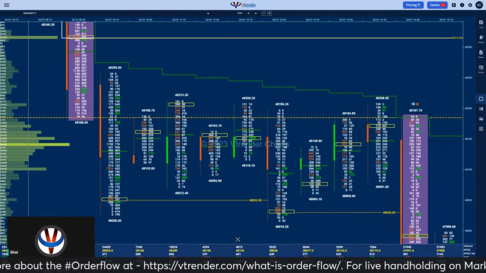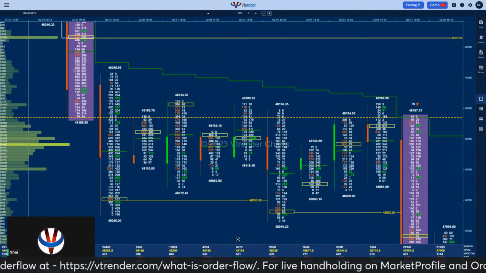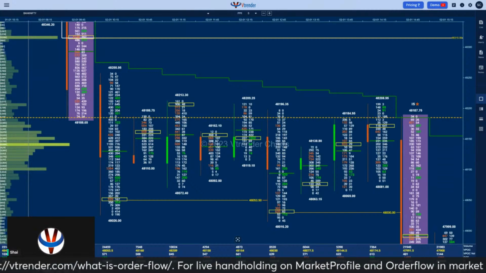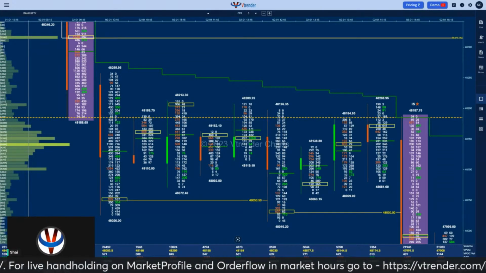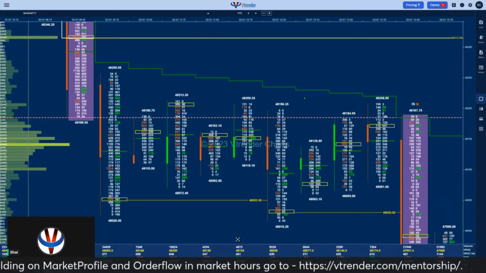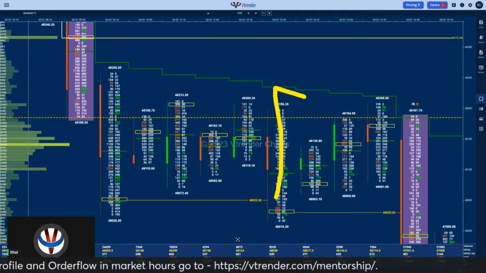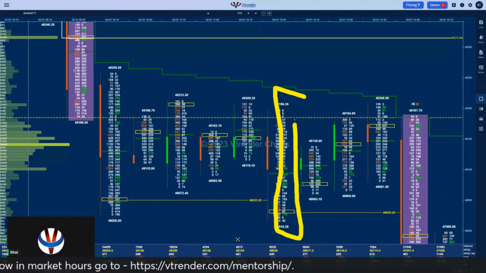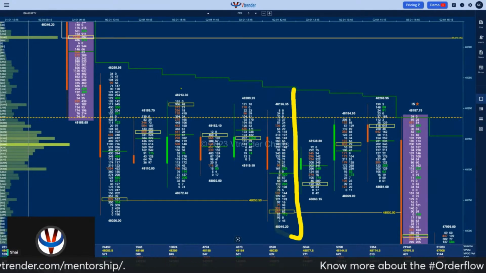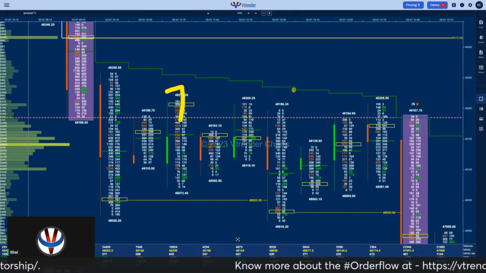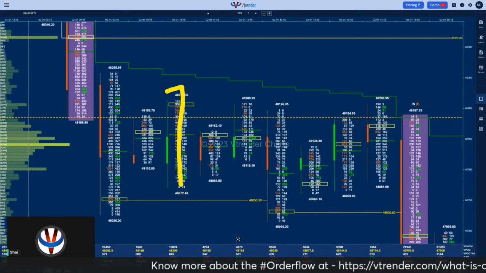On the right side of the bar, you will see some green font, and all that green font is the demand in the bar. This part of the bar where the entire green is, that is the demand side. And the left part where all the red is, that is the supply side of the bar.